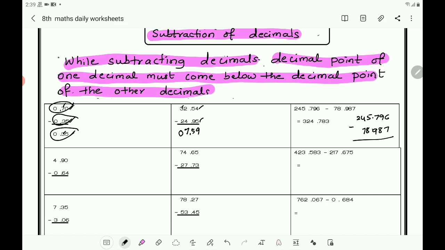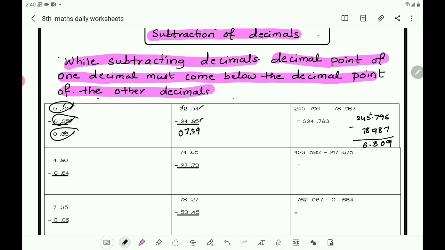If you subtract here, 16 minus 7, you will get 9, and 8 is remaining. 8 minus 8, 0. And here what is remaining? 17 minus 9, 8. Then here 14 minus 8, 6. Then here what is remaining?